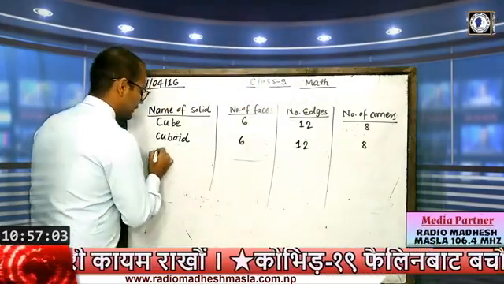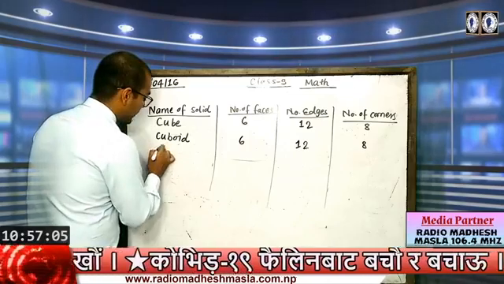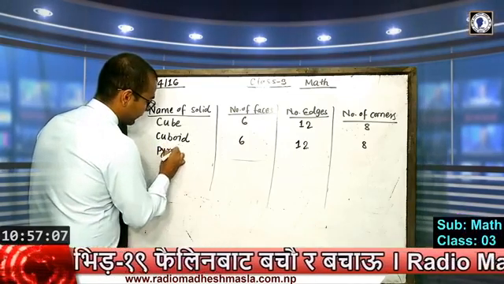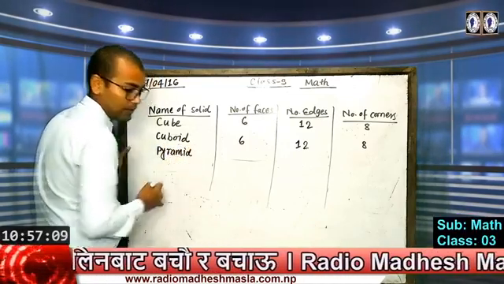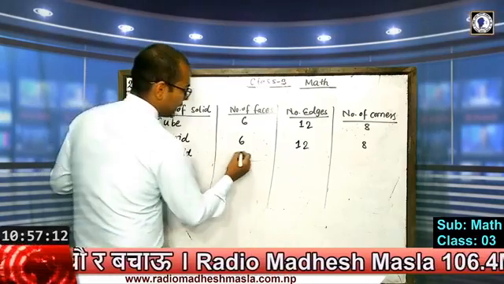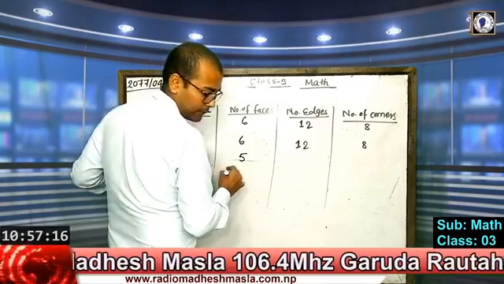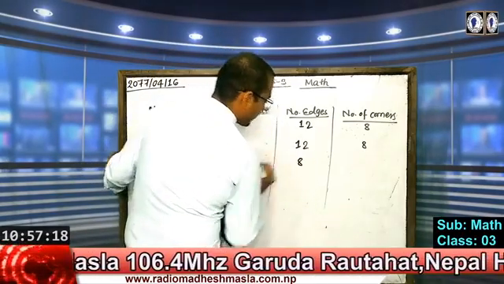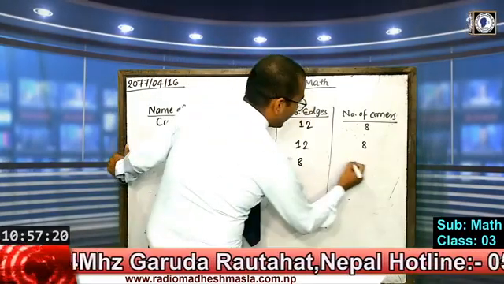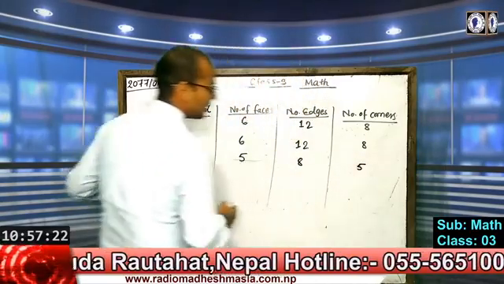In the same way, if we talk about a pyramid, in a pyramid we have 5 faces. In the same way 8 edges. The same way 5 corners.